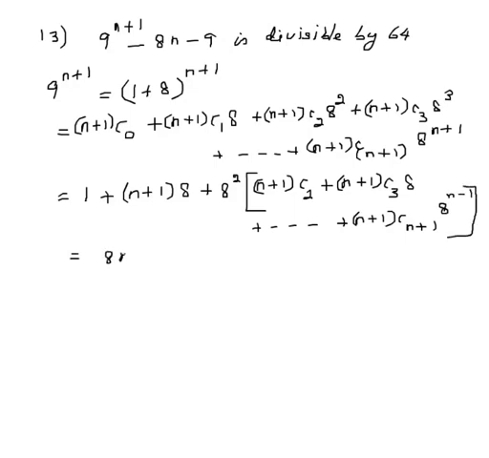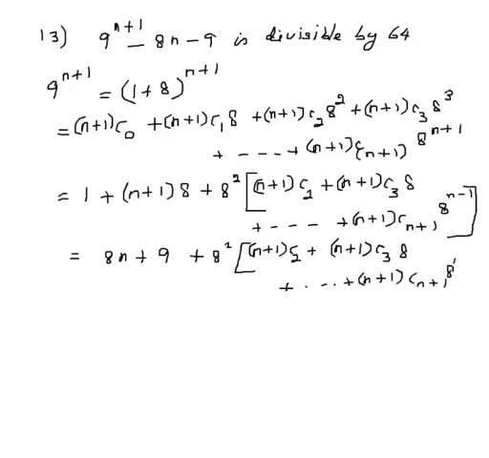This is 8n. 1 plus 8 is 9. Plus 8 squared times n plus 1 C2 plus n plus 1 C3 times 8 plus etc. The last term is n plus 1 C n plus 1, 8 raised to n minus 1.